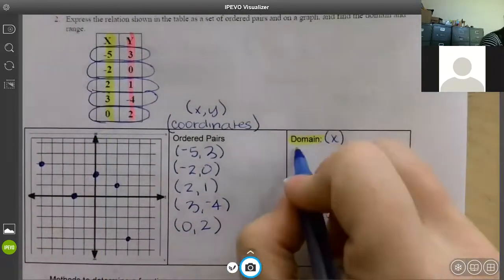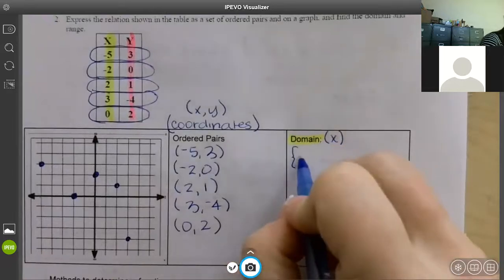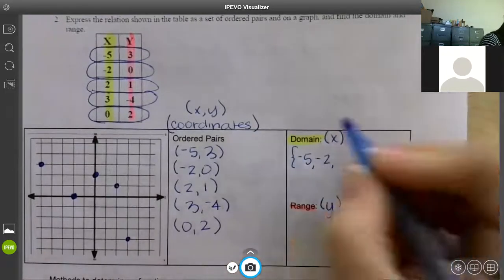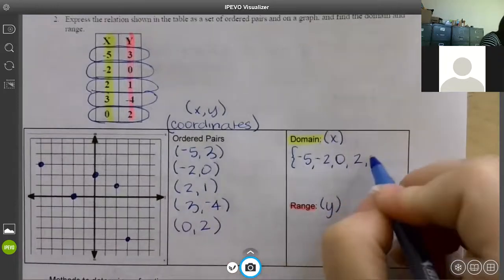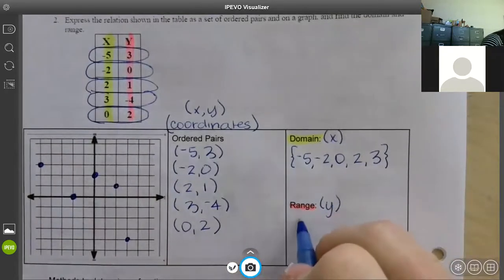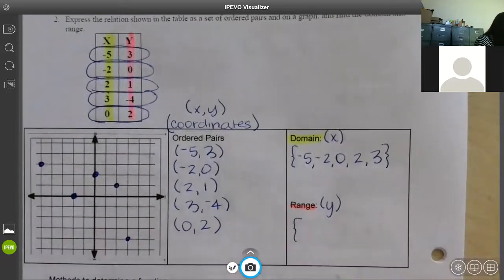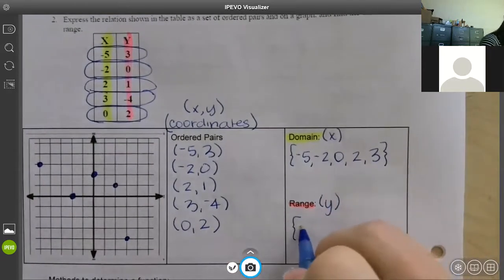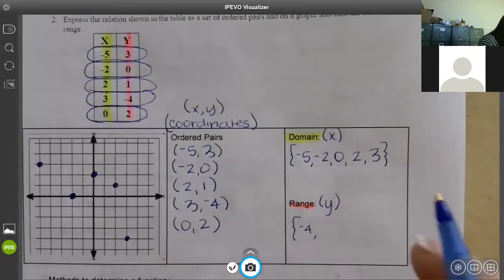What's your least amount in the yellow? -5. What's your next one? -2. Keep going. And then 3. That's it. Same thing for the range. Remember, least to greatest. What's your littlest pink? -4. Perfect. What's your next one?